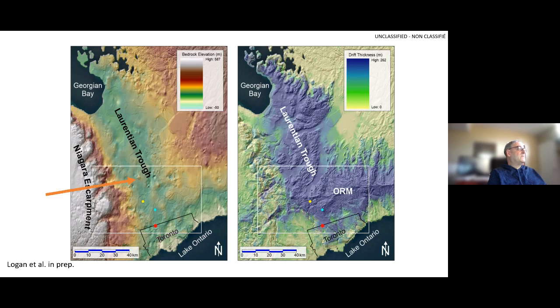So next we have the Laurentian Trough and Toronto down at Lake Ontario. And then we see the Laurentian Trough that is filled with various morphologies, channels, and the Oak Ridges moraine that crosses it. Water flows to the south of the ORM, down towards Lake Ontario.